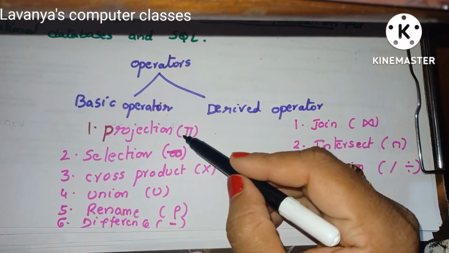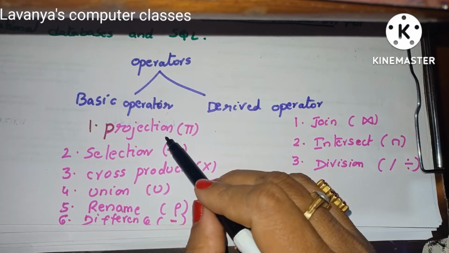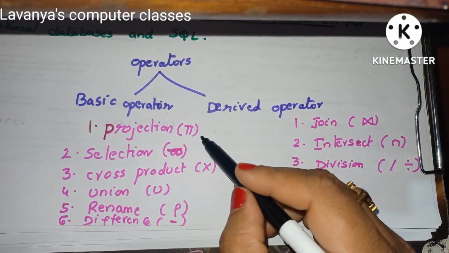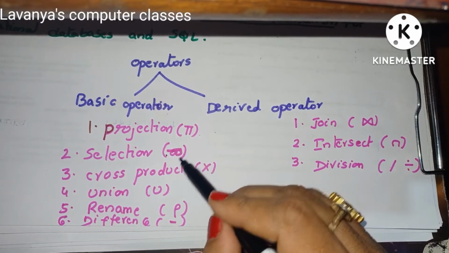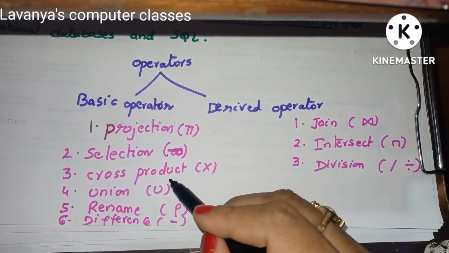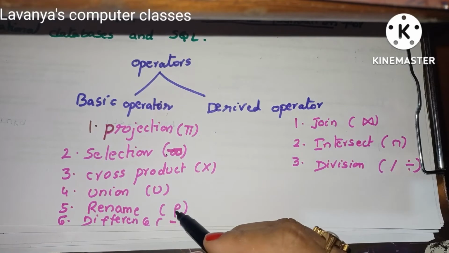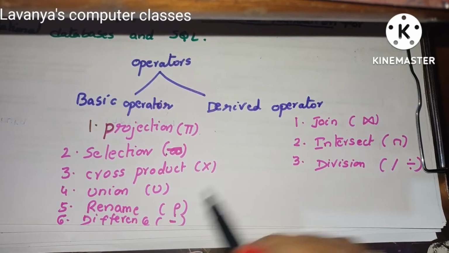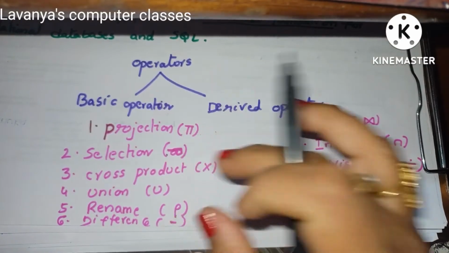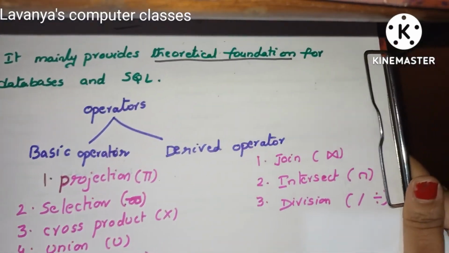And here are the mathematical symbols. Projection is represented by the pi symbol. Selection, sigma. Cross product, cross. Union, U. Rename, small p, rho. And difference is minus. So these are the basic operations used in relational algebra.